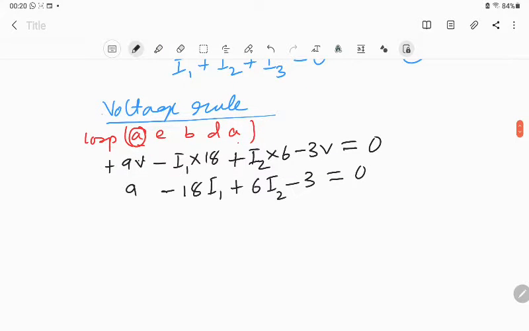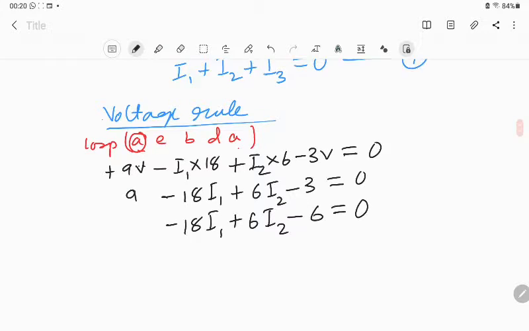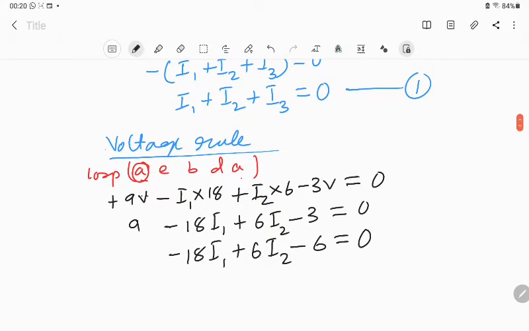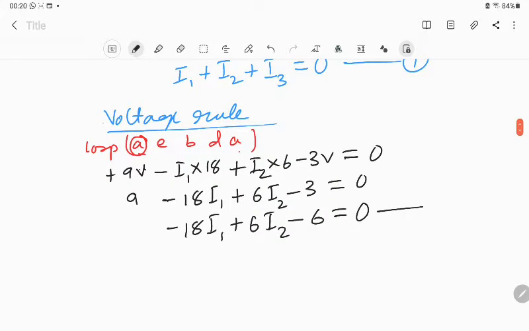So minus 18 I1 plus 6 I2 minus 6 equal to 0. This makes equation 2.